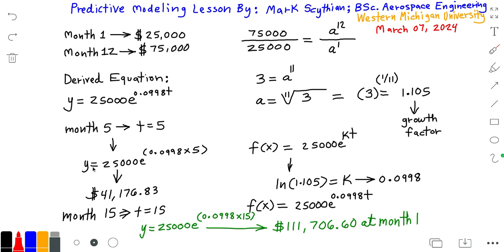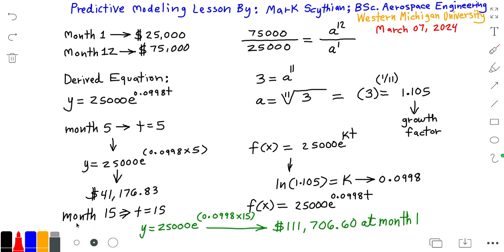So the y output is equal to 25,000 e to the exponential 0.0998 times 5 for month number 5, this yields $41,176.83. So now the spot check has been completed. This equation can also be put into a graphing calculator to establish a graphical curve for presentation sakes.